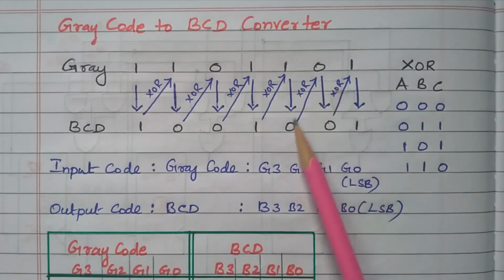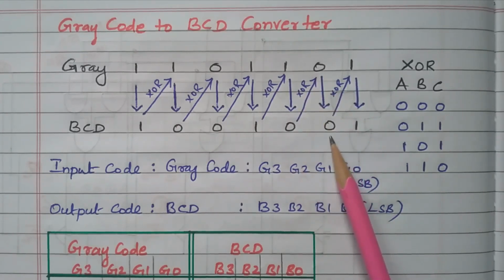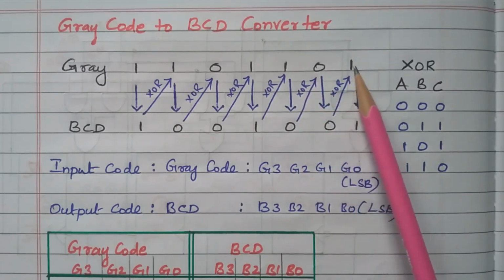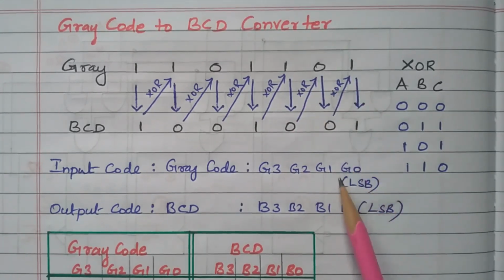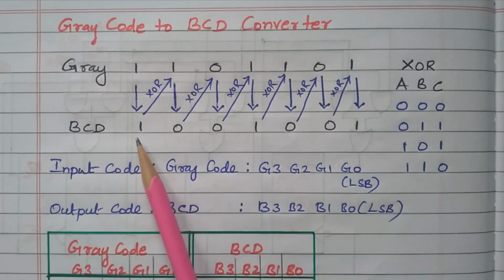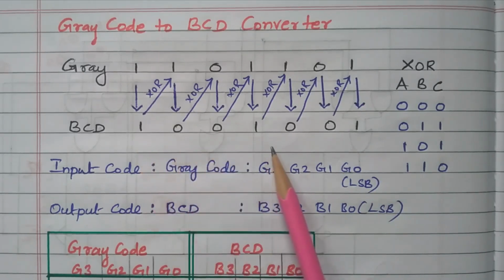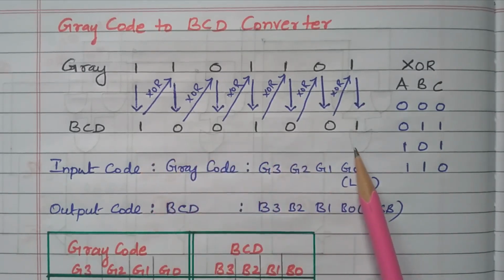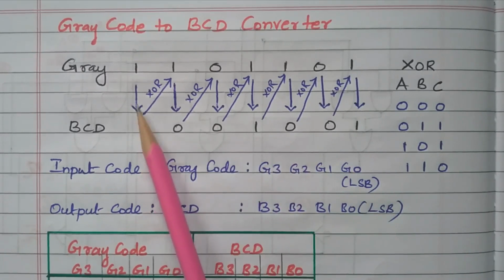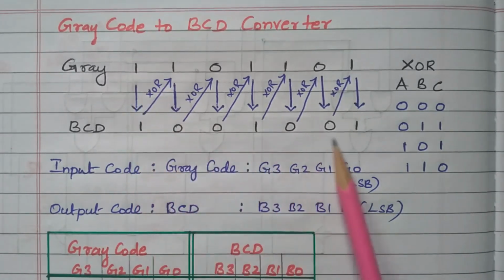Then 0 and 0, the inputs are equal, so the output is 0. Then 0 and 1, the inputs are different, so the output will be 1. So the resultant BCD code is 1 0 0 1 0 0 1. This is the gray code now converted into BCD.